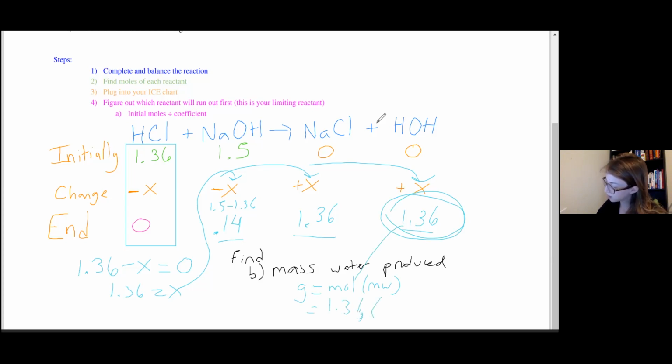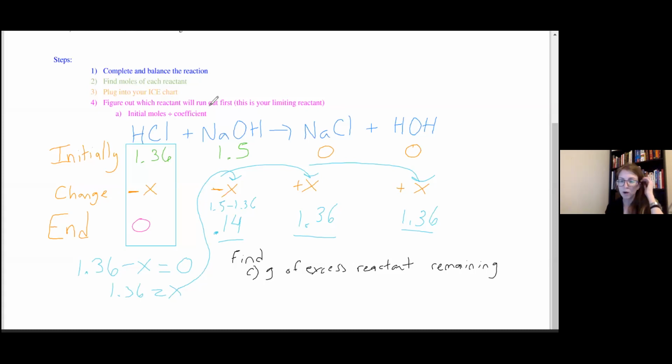The molecular weight of water is 18. So when I do that multiplication, 1.36 times 18, I get 24.48. You want to say 24.5, fine. 24.5 grams of water. So part B is really easy once we have this whole ICE chart filled out.